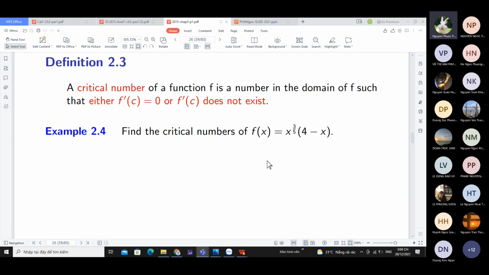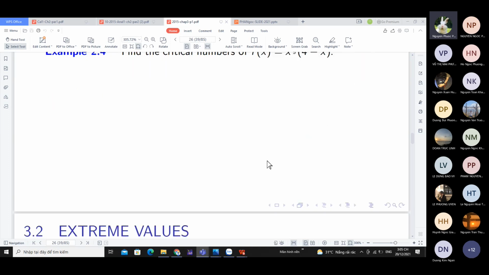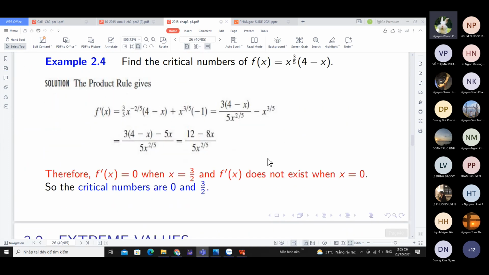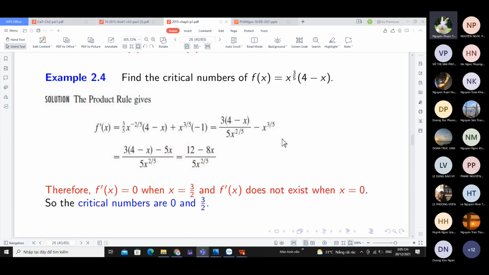Find the critical numbers of the following function f of x given by x to the 3 over 5 times 4 minus x. So we just apply the product rule for differentiation. We evaluate f prime of x.